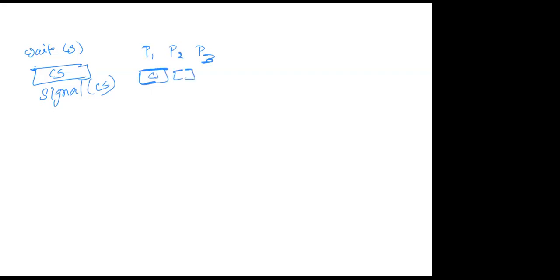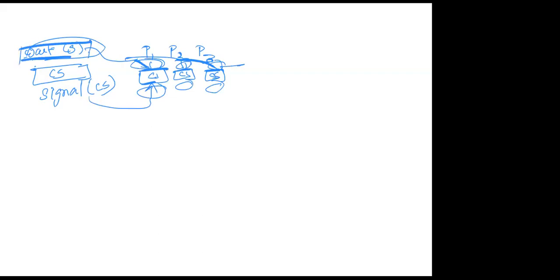You need to add these two functions to all of these processes, for the entry section as well as the exit section. The entry section is implemented by the wait method call, and the exit section is implemented by the signal method call.